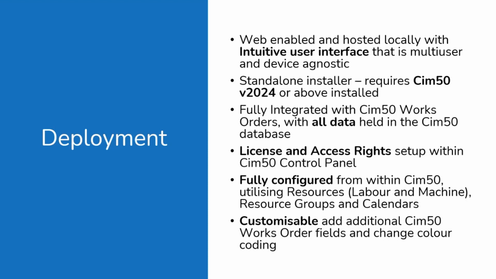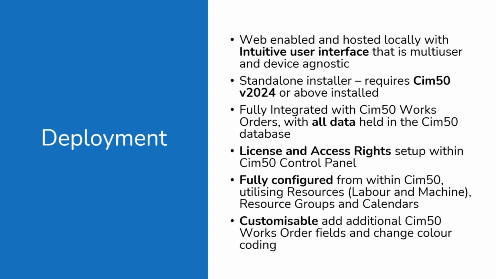It does have a certain level of customization. Some of it you can do yourselves if you've got that sort of ability internally, or ourselves or your CIM software partner will be able to do that for you, to add additional works order fields.